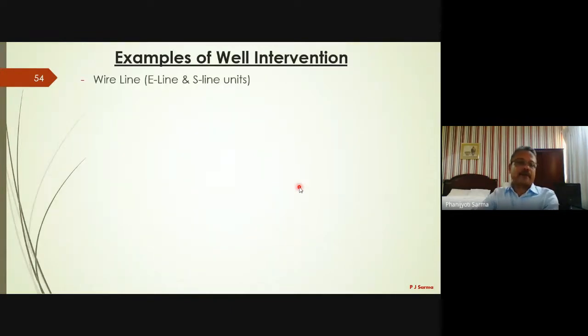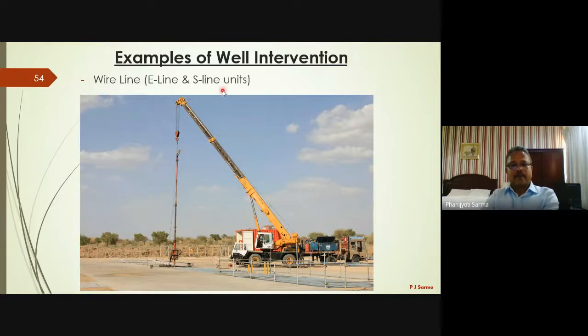Now, the wireline operation. We have two types of wireline. One is called electric line and the other is called slick line or braided line. This is a slick line operation.